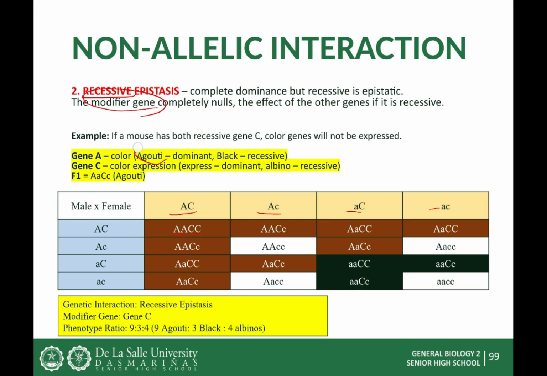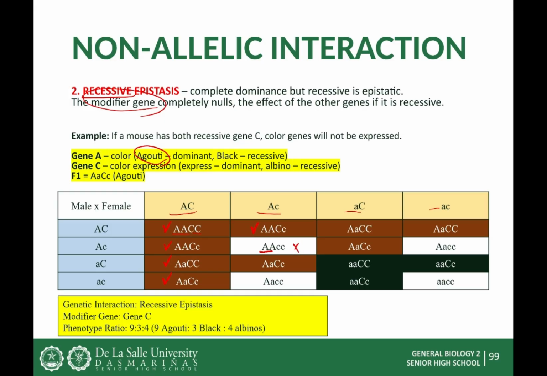So that color agouti. So let's count. If both of the alleles A and C are dominant or heterozygous, therefore agouti will come out. So 1, 2, 3, 4, 5. Is this one going to have a phenotype of agouti?